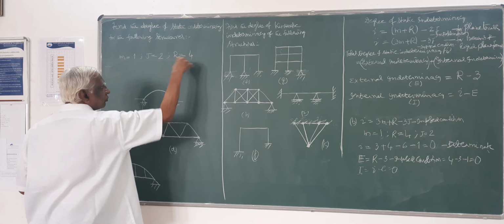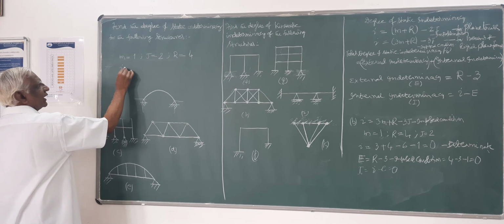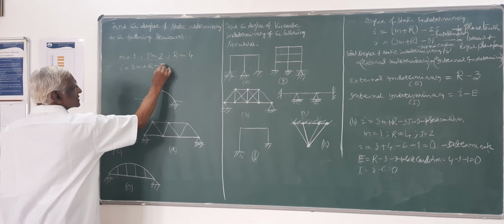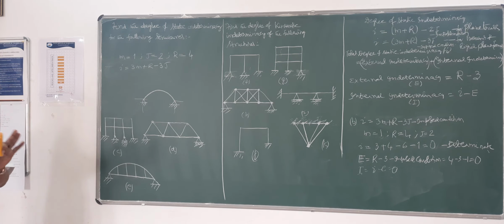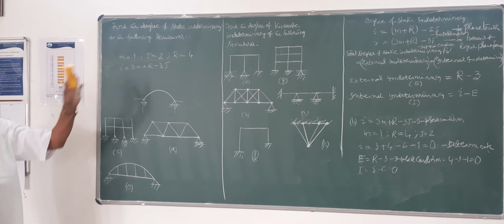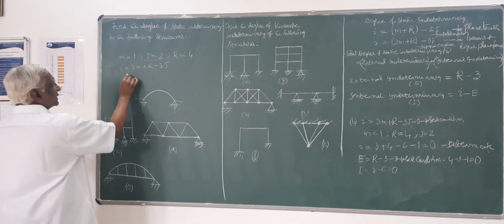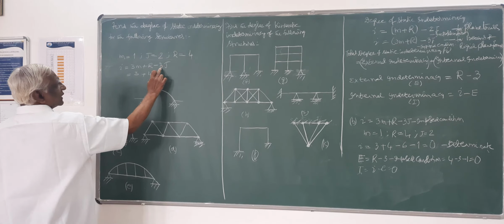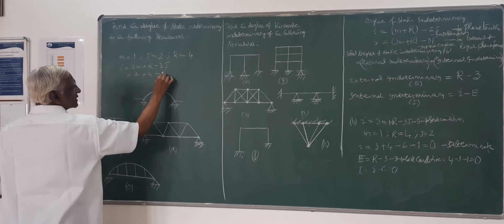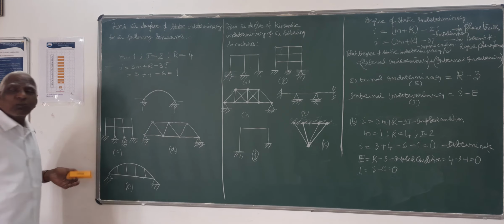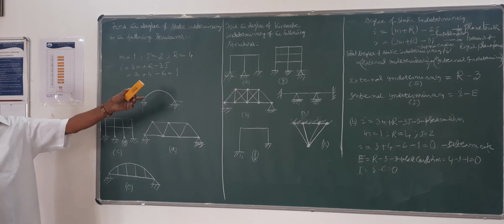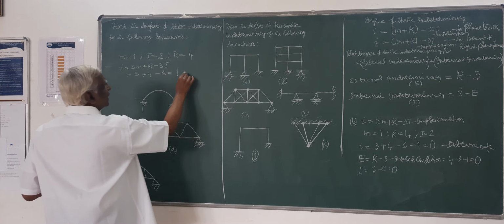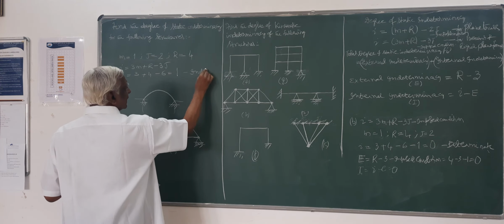Here totally 4 support reactions, and I is equal to 3M plus R minus 3J. No imposed condition, don't use it. Only the formula we have to use. This is 3 plus R is 4, minus 3 into J, 3 into 2, 6. So this is 1, which is greater than 0, so it is indeterminate. So this structure is an indeterminate structure.